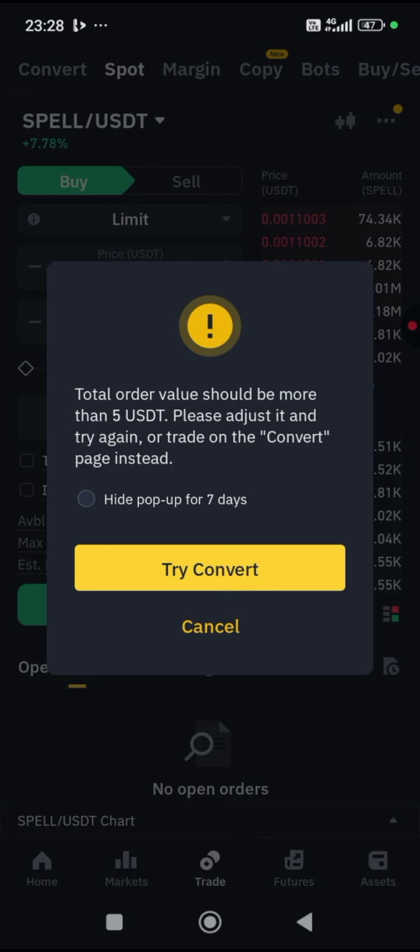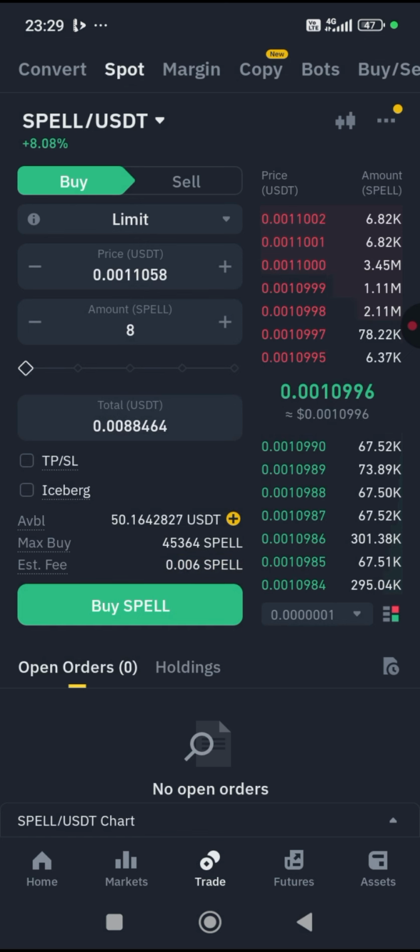Whereas on Convert, you can trade even if it is 2 USDT or $2. I think Binance has only brought it down to around 5; previously it was around 10. So for you to start, if you have a little amount of money, just use the Convert section and convert from any cryptocurrency you have to any one of your choice at a very little amount and at a very little gas fee.